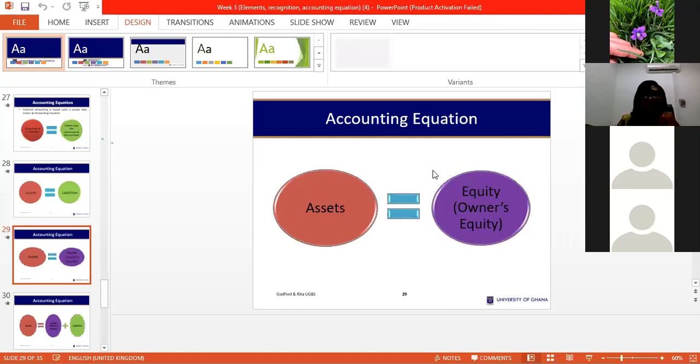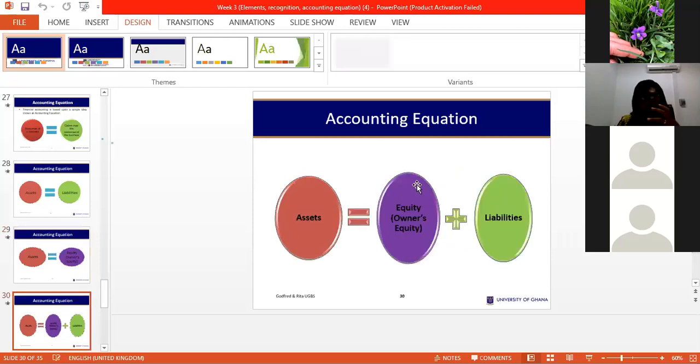Okay, and as the business grows over time, where now it needs the support of third parties, they can also provide or add on to the resources of the business. And this is what we refer to as the accounting equation, where the resources of the business are either provided by the owner or by third parties.